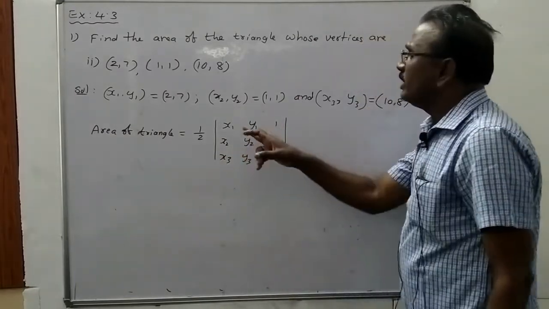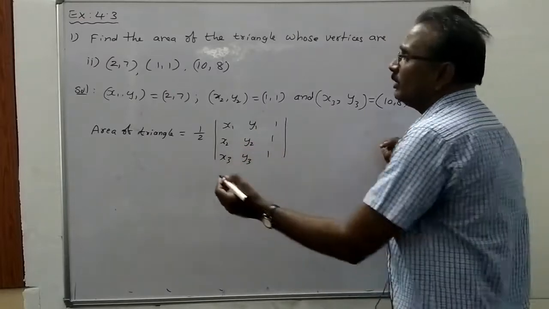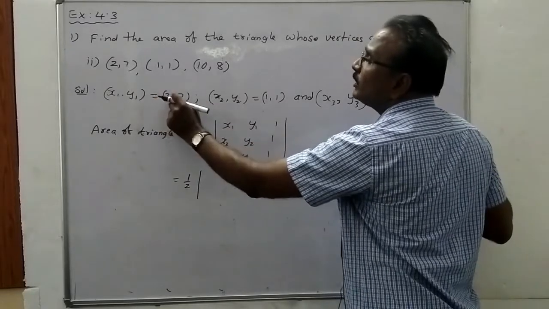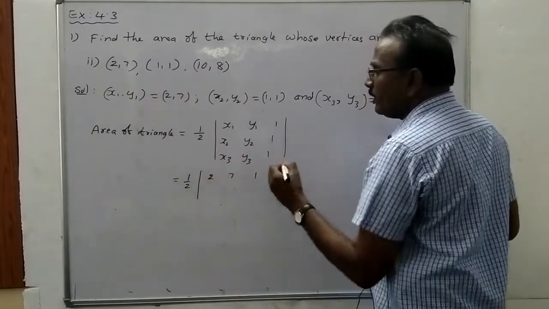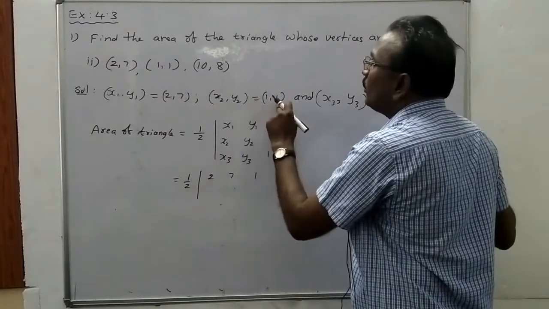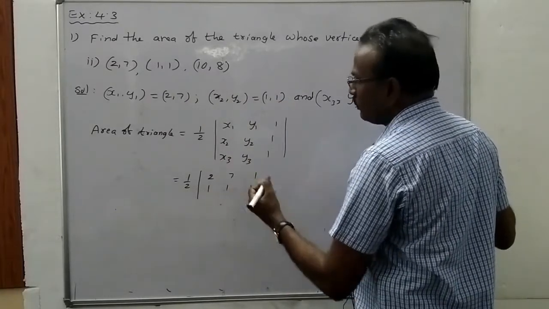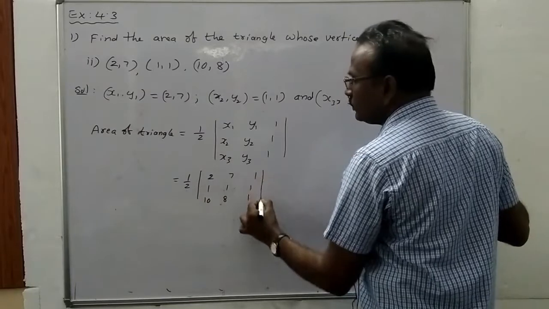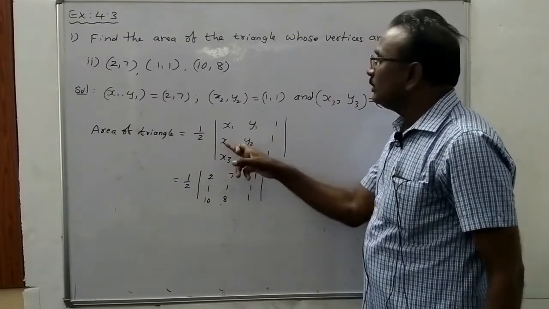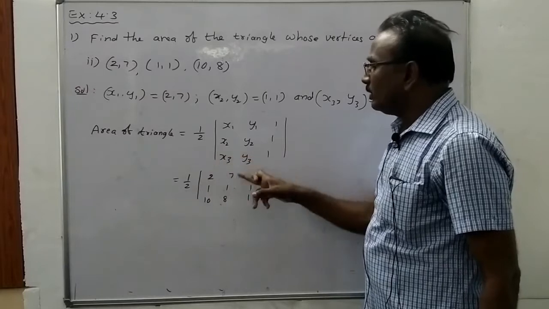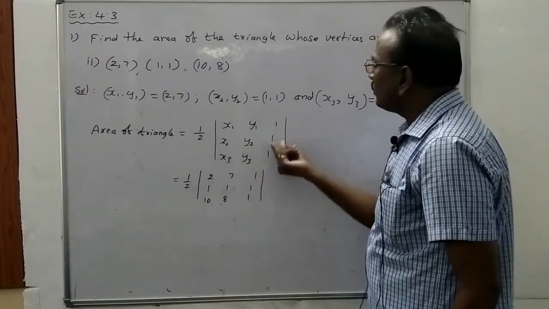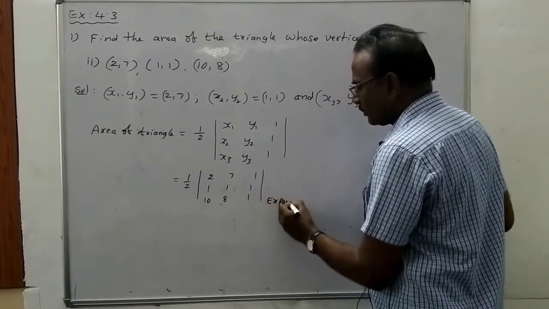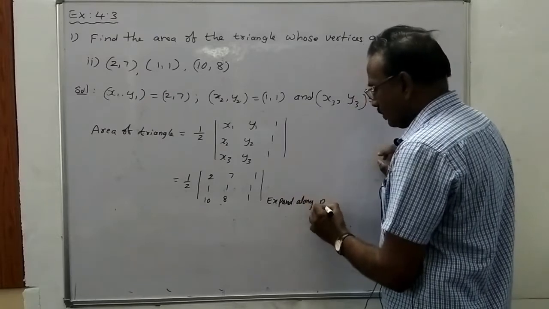Substitute the values: half the determinant of 2 7 1, 1 1 1, and 10 8 1. Substitute all these values, and the third column is fixed, all ones. Expand along R1.